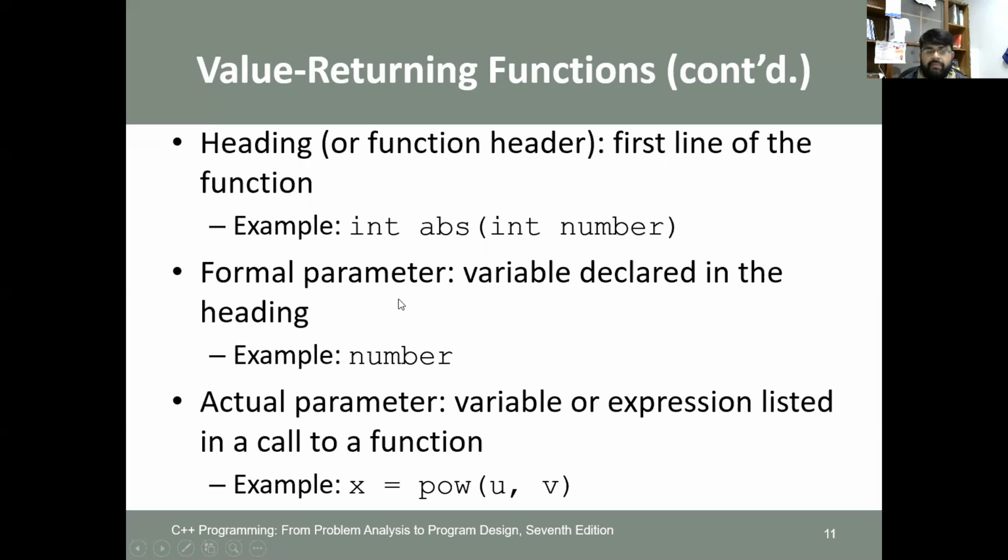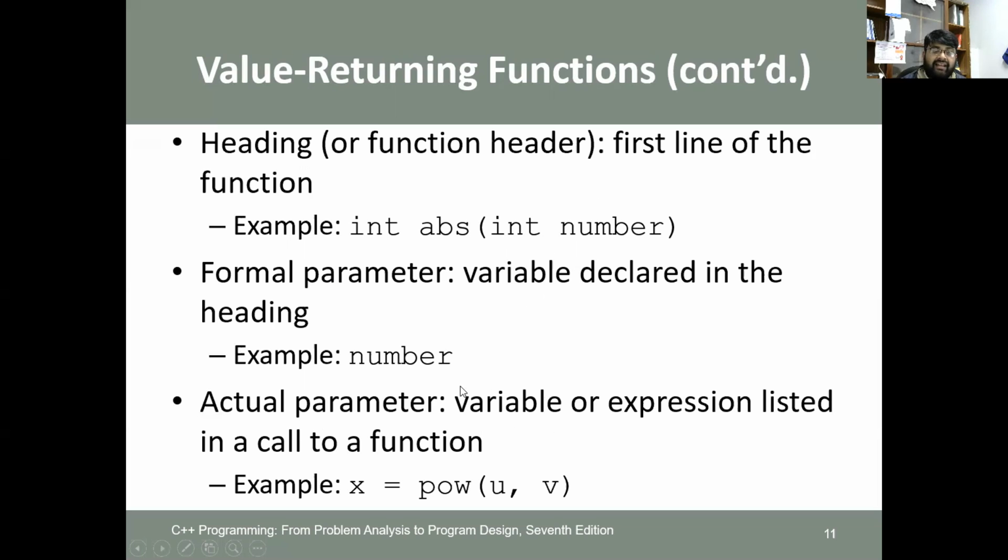A formal parameter is a variable that is declared in the heading. For example, number is a variable declared in the heading, so it is the formal parameter. In this case, number is a formal parameter because it is declared as int inside the heading. On the other hand, an actual parameter is a variable or expression that is listed in a call to a function.